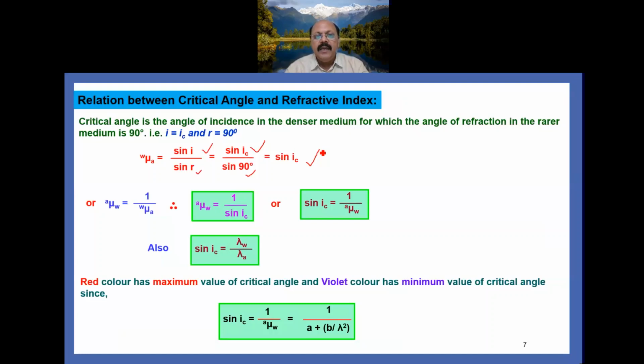So aμw equals A plus B upon lambda square, where A and B are constants. So this relation can be correlated with the critical angle as sin ic equals 1 upon aμw equals 1 upon A plus B upon lambda square. So this is the relation between the critical angle and refractive index, as well as the relation between critical angle and wavelength of light.